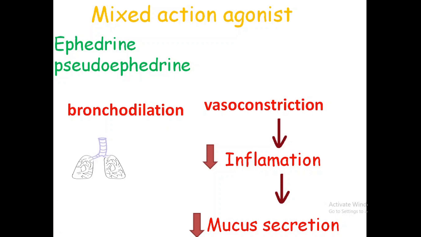However, it mainly activates receptors located in the nasal passage. The constriction of blood vessels allows less fluid to leave and results in decreased inflammation of nasal passage as well as decreased mucus production. For this reason, pseudoephedrine is actually very commonly used as a decongestant.